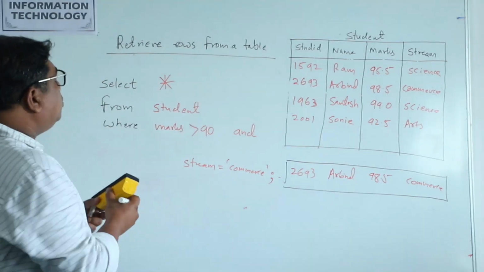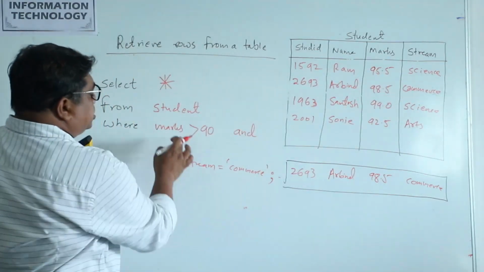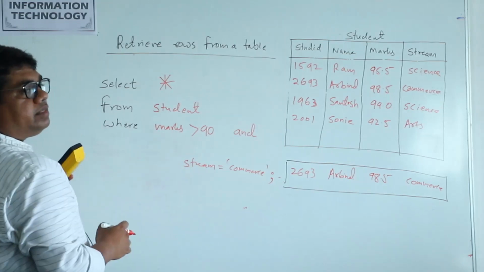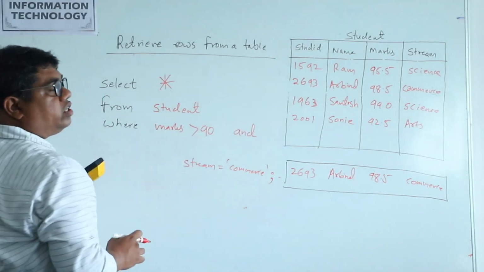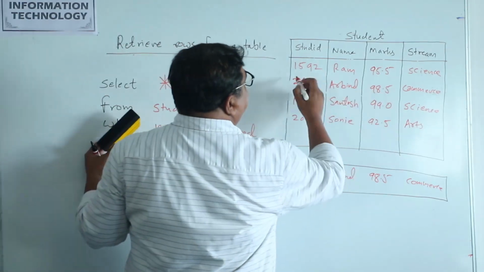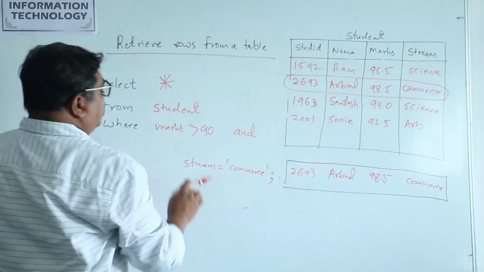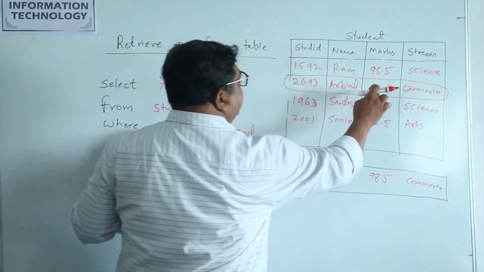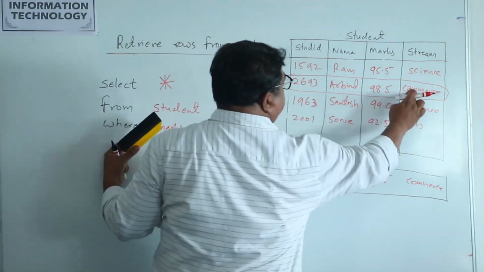So now tell me, which row of this table satisfies these two conditions? This should be true and this should also be true, because we have used the logical operator AND. Only this row is satisfying, because marks is above 90, yes, and stream is commerce, yes.